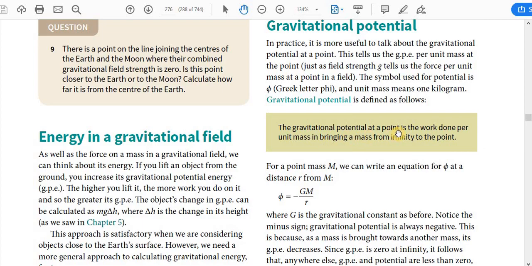The gravitational potential at a point is the work done per unit mass in bringing a mass from infinity to the point. Now you can see there is a negative sign, because without the negative sign, the value would increase as it comes from infinity close to the surface of that planet.